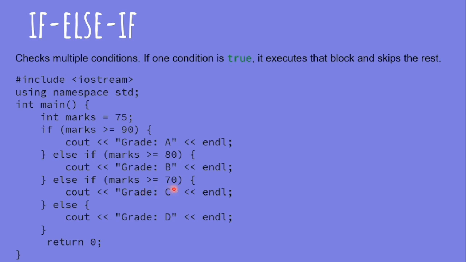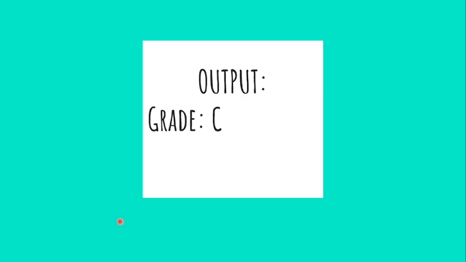If marks is greater than 70, we know that 75 is greater than 70. Now this condition will be executed, and the cout function prints grade C on the screen. And that's how the if else if statement works. Even if no condition is met, then the else condition always gets printed. Do you see that grade C is printed here?